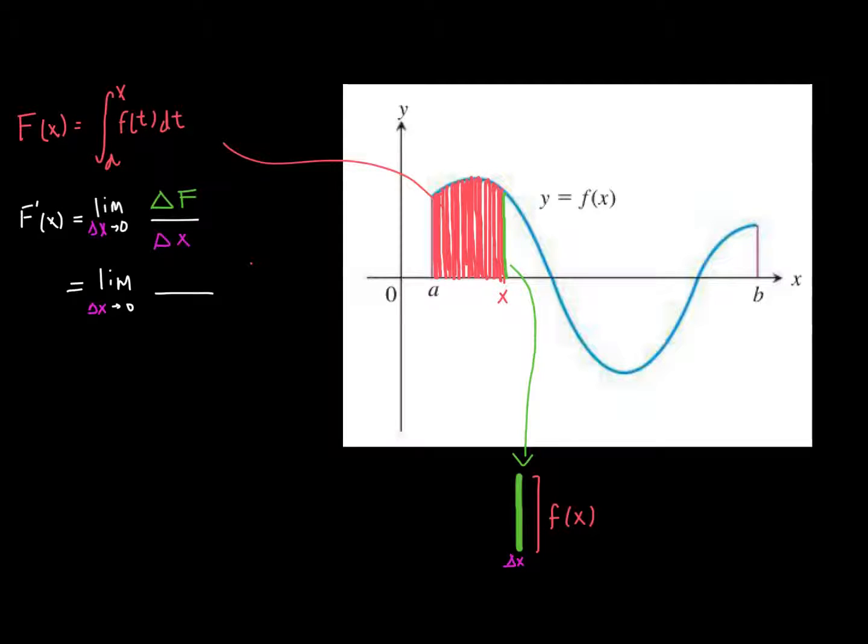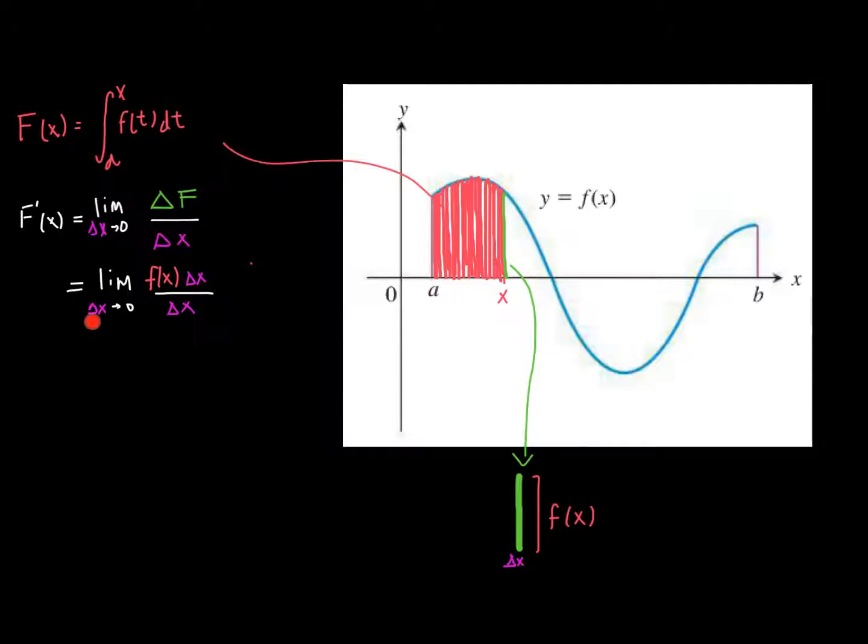Notice now that I can rewrite my numerator. The change in capital F is just going to be the area of this green vertical segment, which is, of course, f of x times delta x. My denominator, of course, is still delta x. And now notice what we can do with the limit.